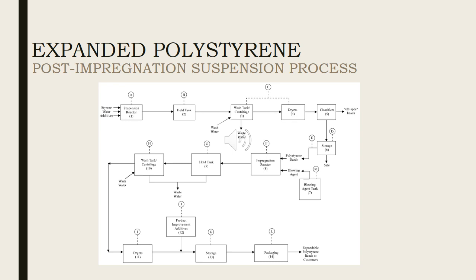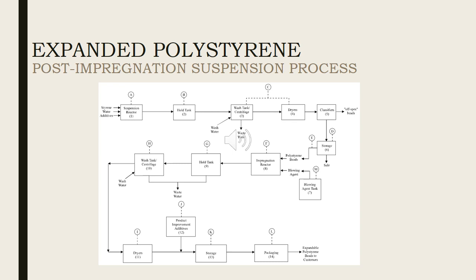The beads are impregnated with the blowing agent through utilization of temperature and pressure. Upon completion of the impregnation process, the bead water slurry is transferred to a hold tank, which is unit number 9, where acid may be added and part of the water is drained as wastewater.